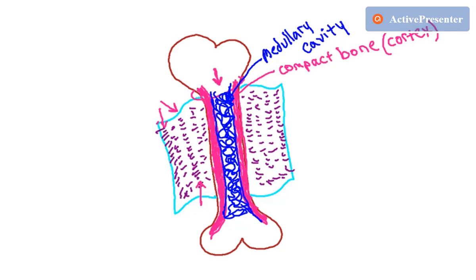Now, lining that medullary cavity, just like, you know how the periosteum is the external liner, and I call it like the candy wrapper because it wraps around the external surface of the bone. Well, inside the medullary cavity, after you get through the compact bone, lining the walls of that medullary cavity, is called the endosteum.